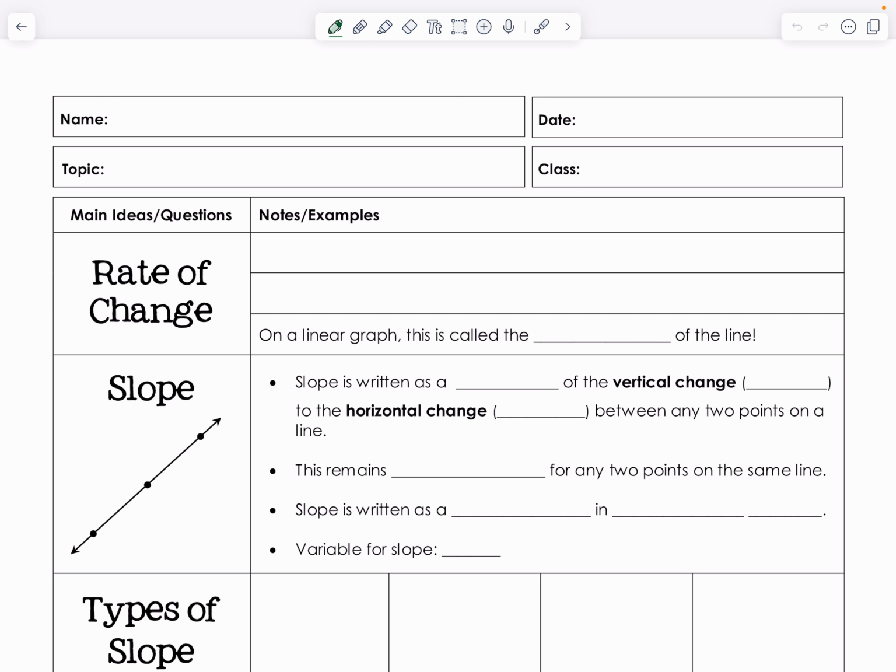All right, so let's go ahead and take a look at this lesson. This lesson is rate of change. And so what we're going to look at is slope.